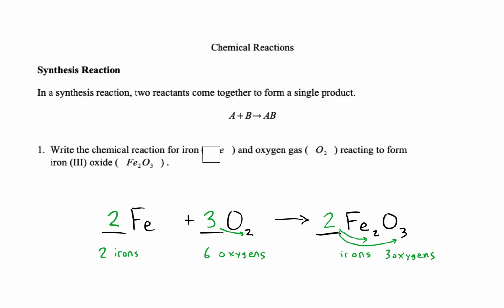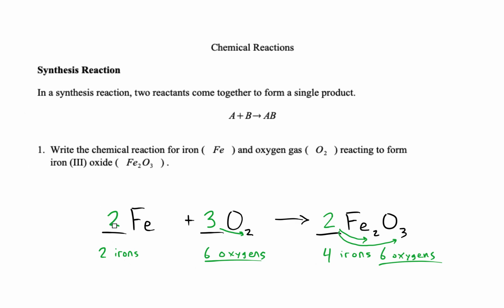That'll change our number of irons and oxygens. We would now have 4 irons and 6 oxygens on the right. This is great because our oxygens match now. The only problem is our irons don't.